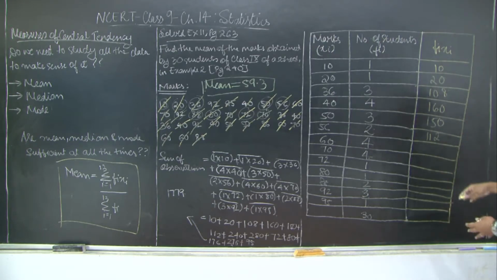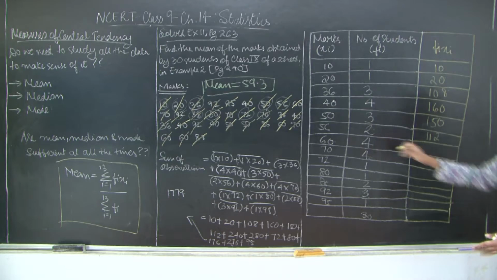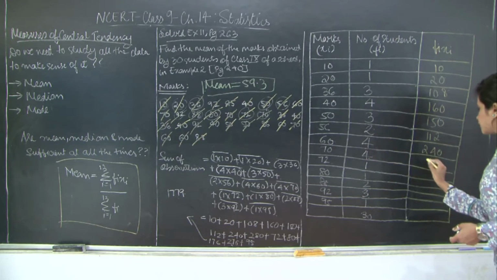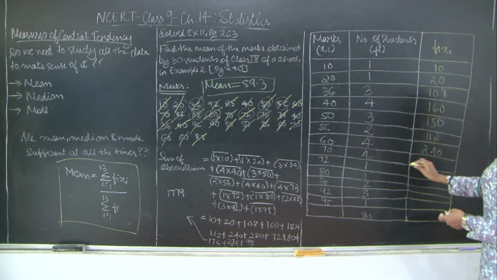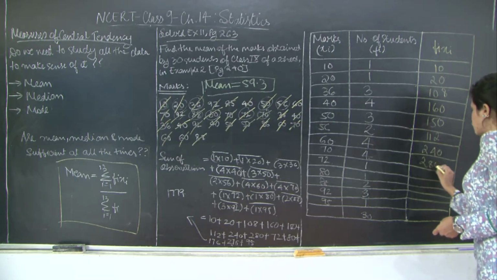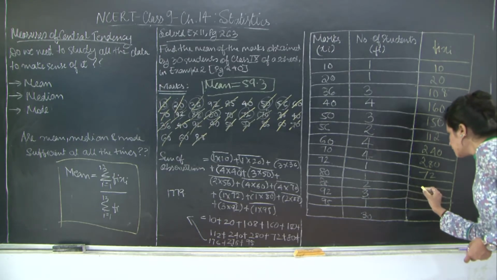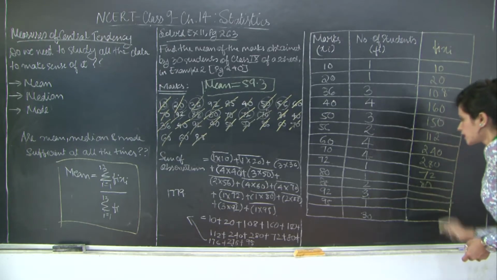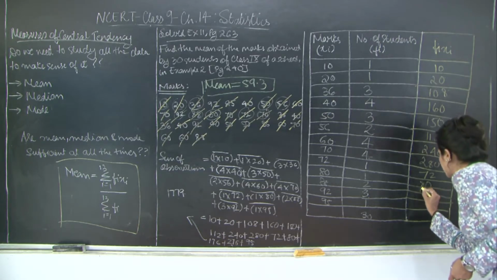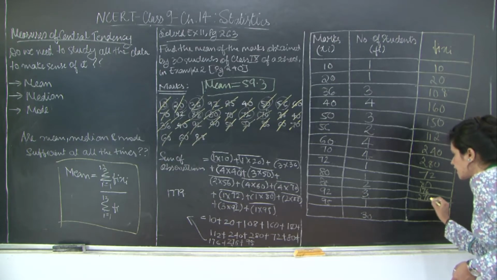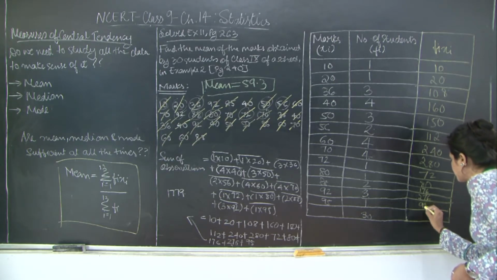So this is going a little slanting, so please bear with me. 6 4s are 24, so 240, then 7 4s are 28, so 280, then 72, then 80, then I have 176, then 276 and finally 95.